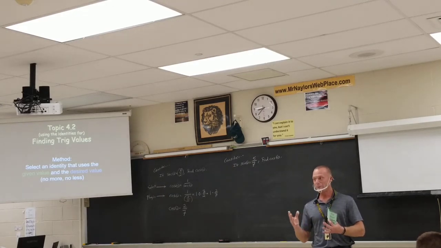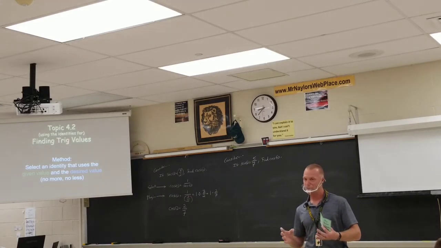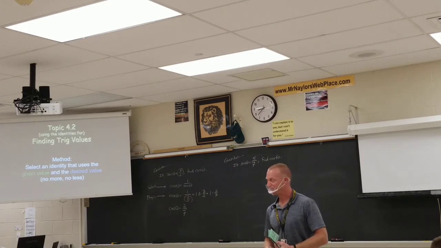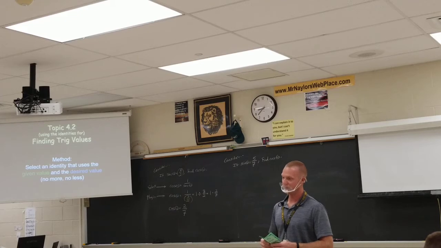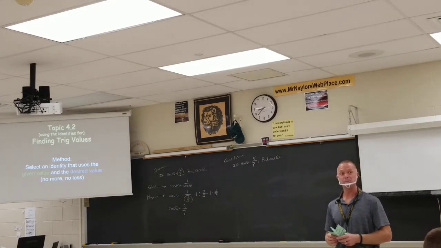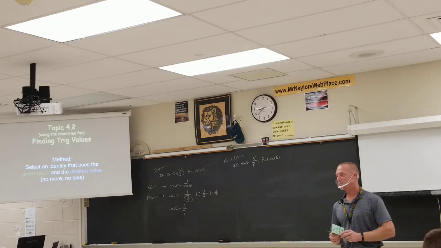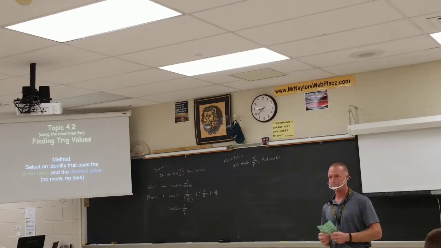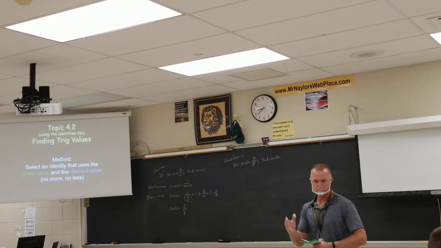It can't use more than sine and cosine, and it can't use less than sine and cosine. It has to use just sine and cosine. You should be looking past page 1 and past page 2. You should be in the center of the book. What do you see?